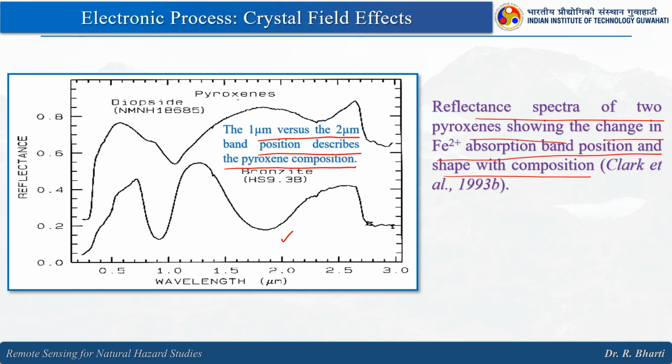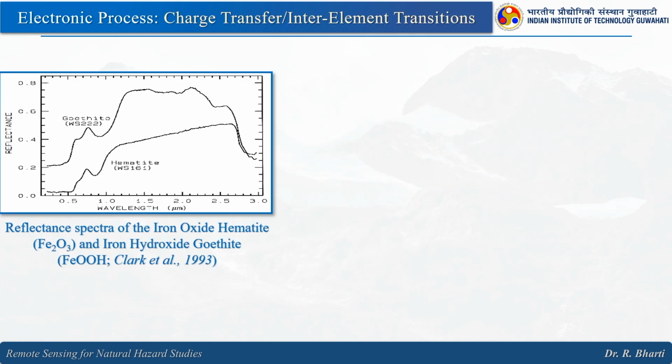Here these two are the pyroxenes, right, and because of the change in Fe2+ absorption band position, the absorption positions shift from one place to another, which can be used to identify these two very precisely in the spectra.